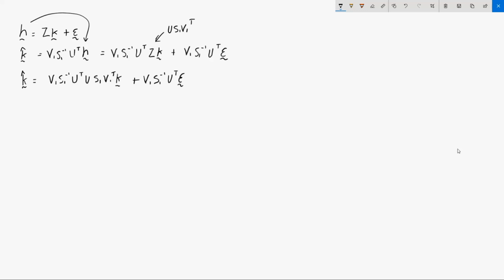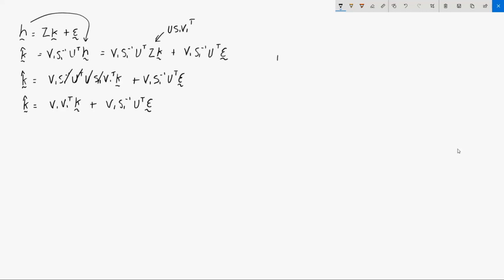Well, for an orthonormal matrix, the transpose is the inverse. Here's the inverse of S1. So we obtain K hat equals V1 V1 transpose K plus V1 S1 negative 1 U transpose epsilon.